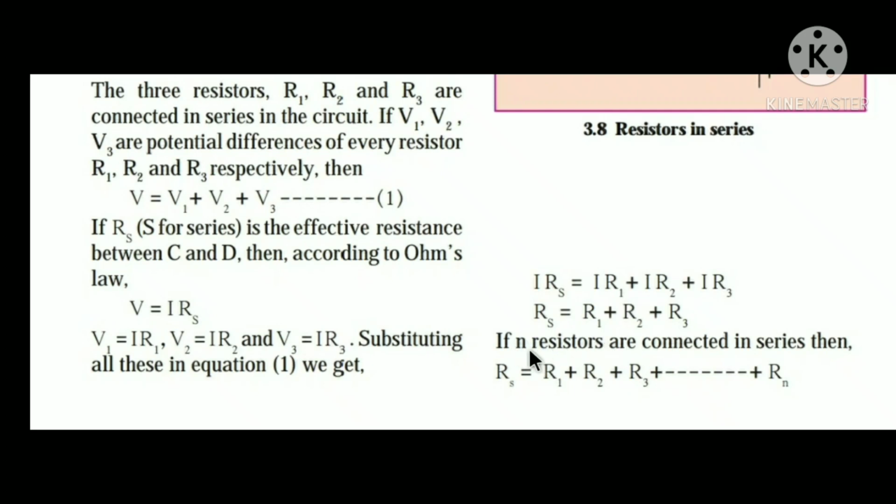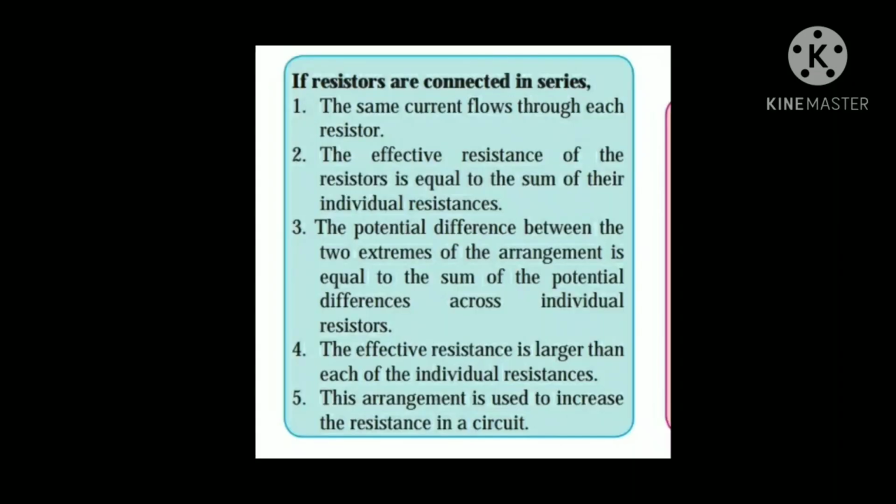If n resistors are connected in series, then RS is equal to R1 plus R2 plus R3 plus dash dash dash Rn, the number of resistors. If resistors are connected in series, the same current flows through each resistor. The effective resistance of the resistors is equal to the sum of their individual resistances.